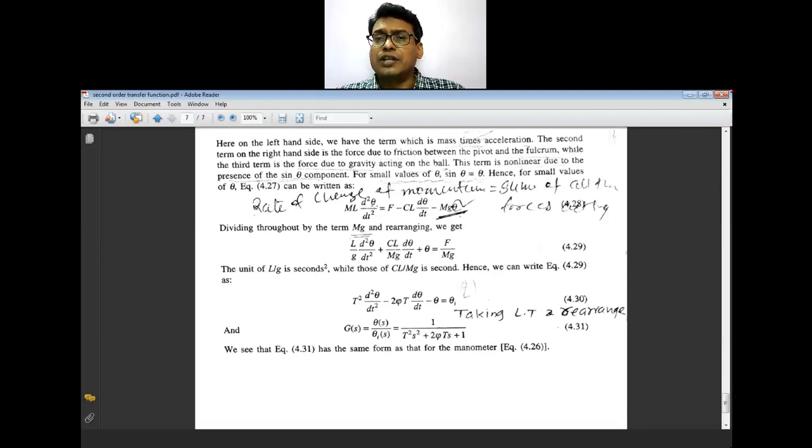Then again, that is equal to the rate of change of momentum, which is equal to the mass into the acceleration, d2 theta/dt square. So after simplification, you will get the transfer function as 1 upon tau square s square plus 2 zeta tau s plus 1. In some books it is written as tau, or in some books it is written as T, whatever it is. But the equation is the same, the meaning is the same.